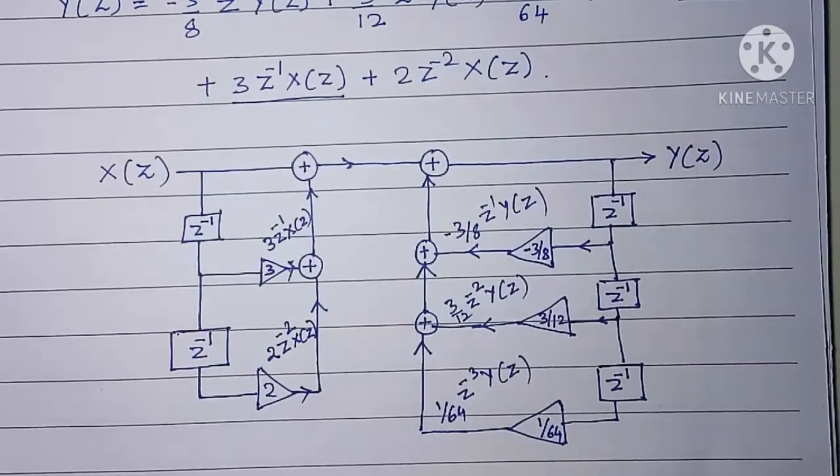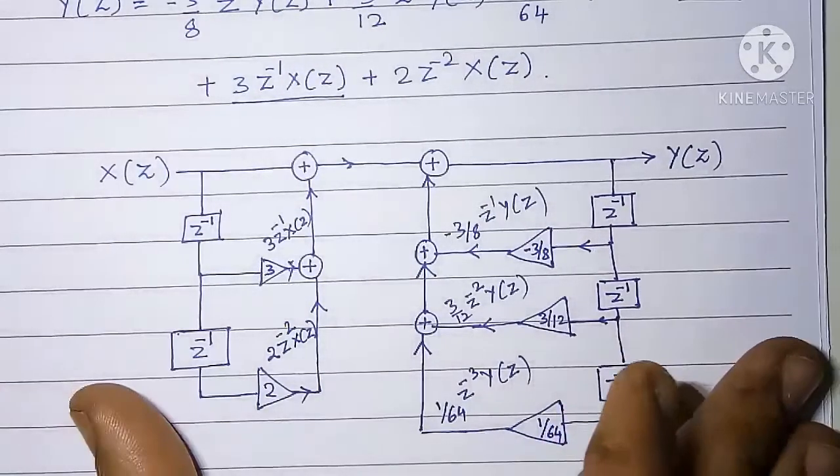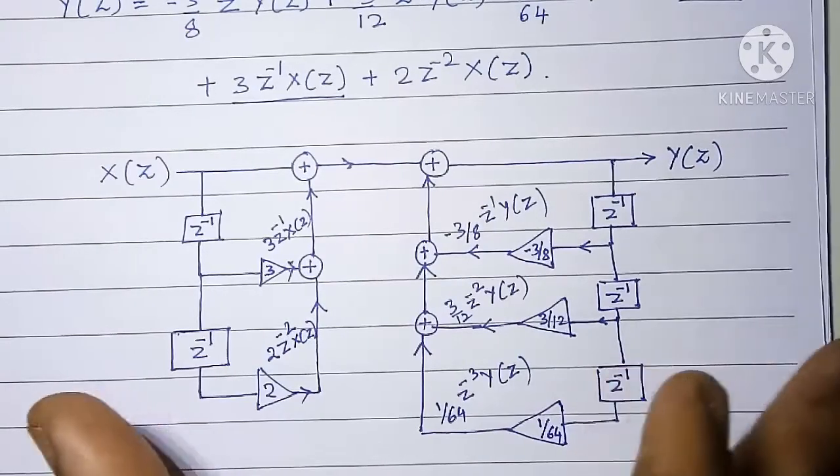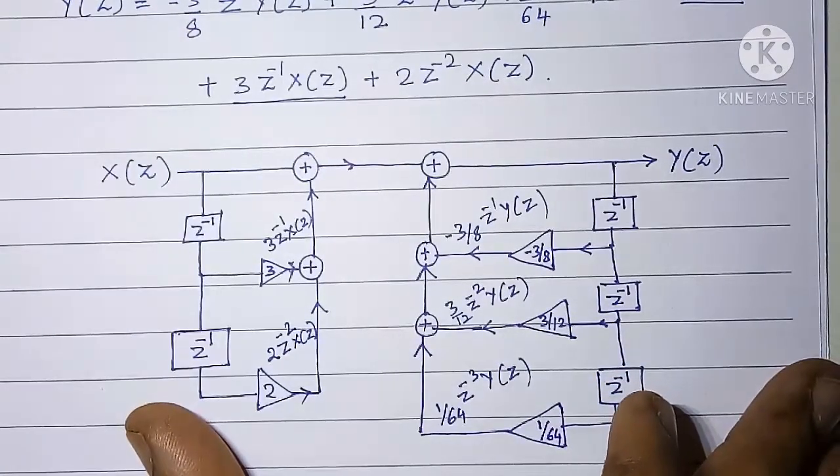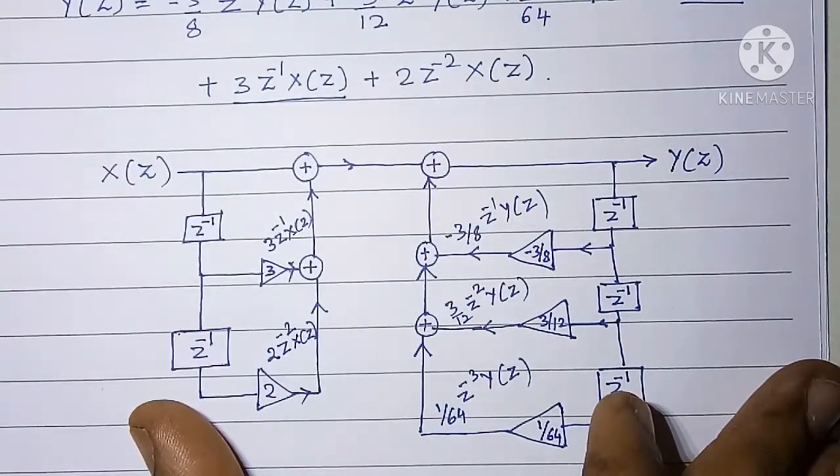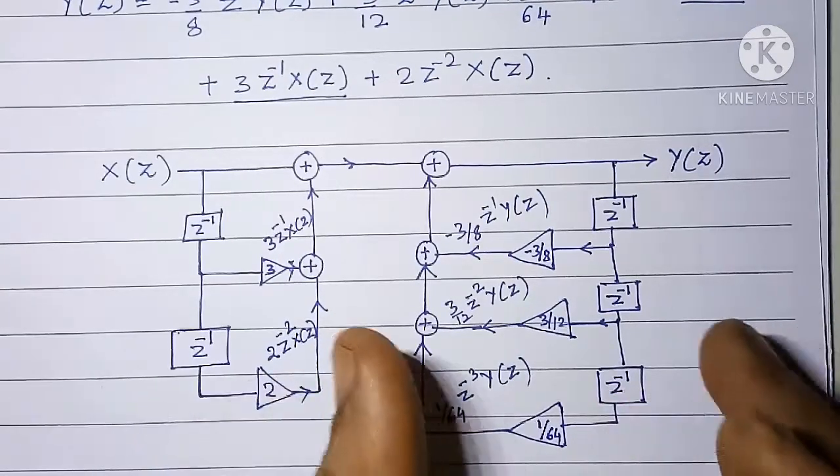Next, we will draw direct form 2 structure, but using direct form 1 structure only, as I explained previously. What I explained there?